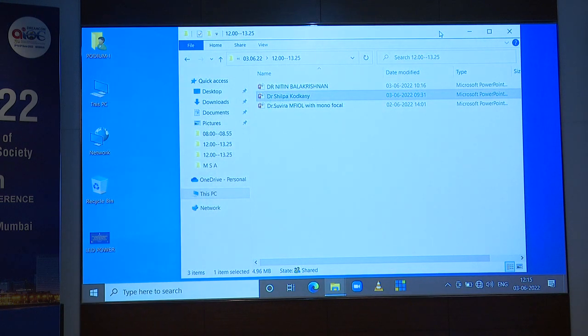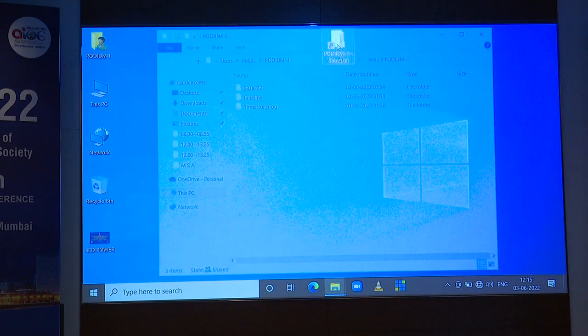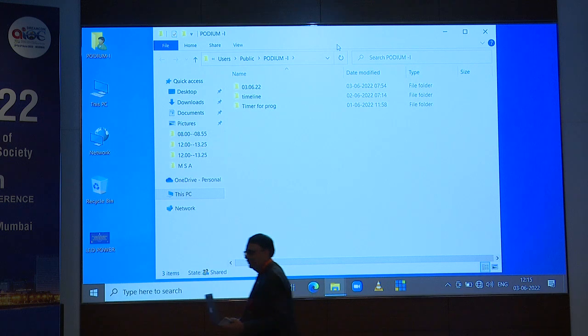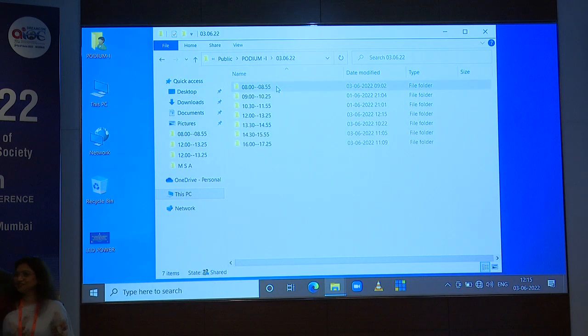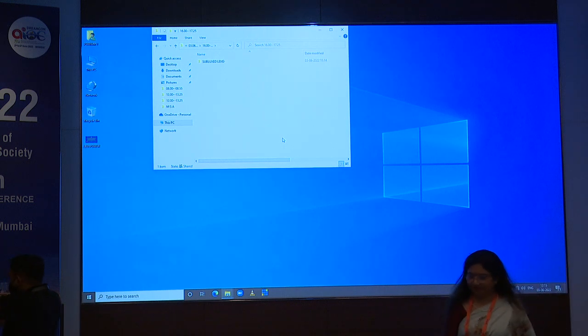So I now call upon our next speaker, a speaker who doesn't need any introduction. He is probably the most famous speaker in any of the Indian and international ophthalmic forums. He's been the winner of many, I don't even know how many OPLs. Dr. Mohan Rajan from Rajan Eye Institute, Chennai, surgeon par excellence.